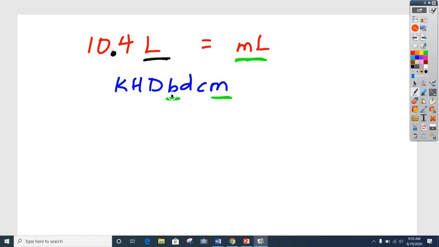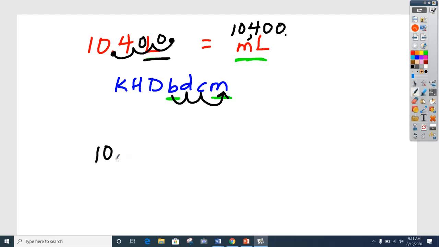I'm going to move from liter to milli, 1, 2, 3 places to the right. So I'm going to move the decimal 1, 2, 3 places to the right, and fill in zeros for placeholders. That would be 10,400. If you want to put the comma, you don't have to, and you can put the decimal, but you certainly don't have to. So your original 10.4 liters is equal to 10,400 milliliters.